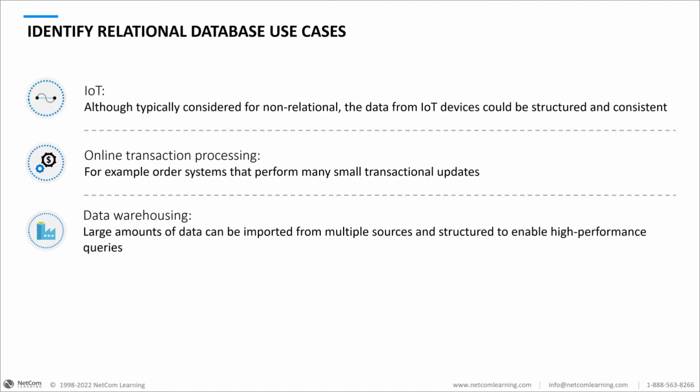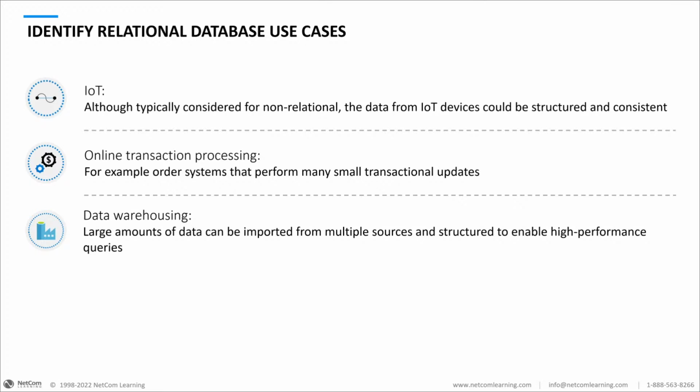Obviously, online transactional processing, systems for transactional updates such as sales or marketing, those sorts of things, as well as using relational databases for data warehouses. Okay, now data warehouses are generally, as I referred to before, denormalized data.